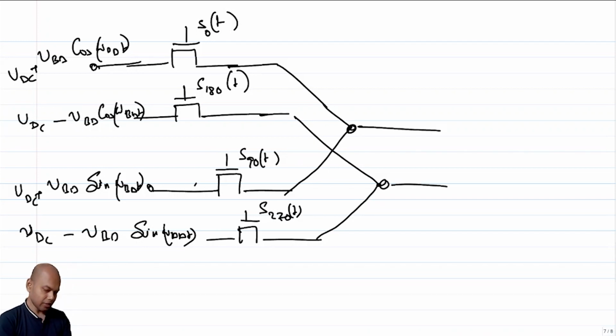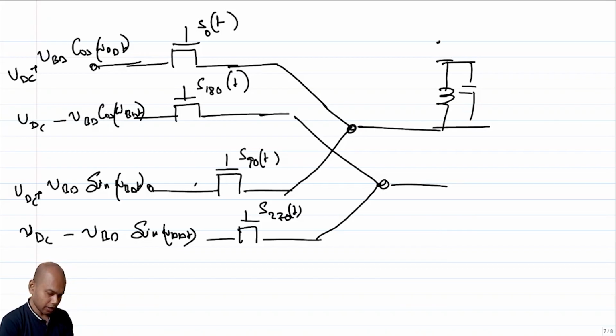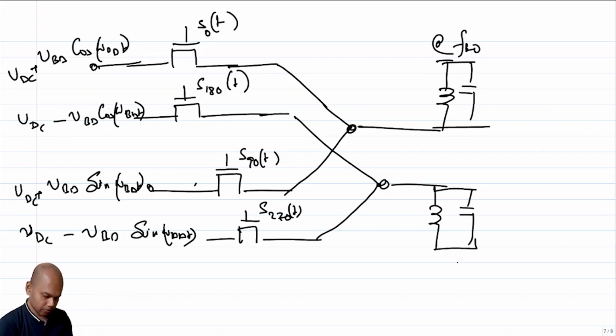right? And then you pass them through some sort of resistor or some sort of impedance. I should not simply say resistor because it's not a low pass thing anymore. You want to pass it through an LC, it's possible, centered around FLO or omega LO. Right?